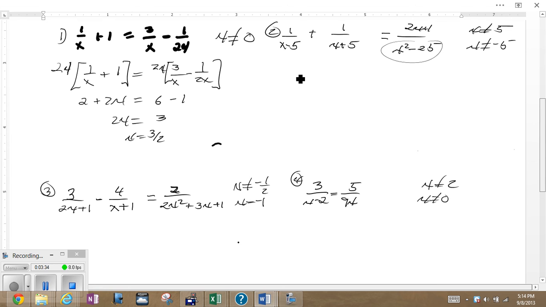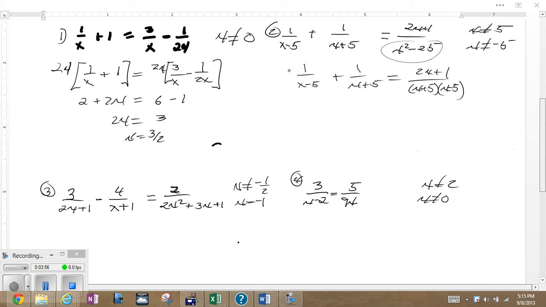Now, in this problem, the obvious thing here is, is this going to factor? And when it does factor, lo and behold, the factors are what the other two fractions contain. And in fact, that is the common denominator. We'll factor: x plus 5, x minus 5.